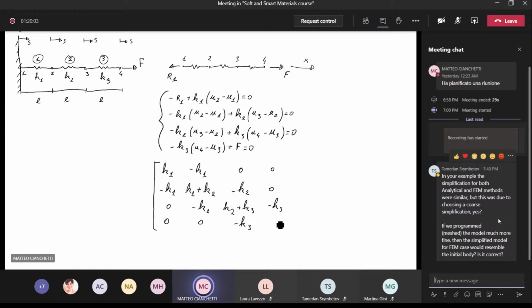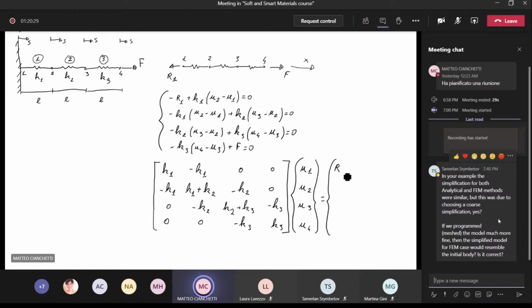Minus K3, K3. This is multiplying the vector of nodal displacements, U1, U2, U3, U4, and this is equal to the vector of nodal forces.